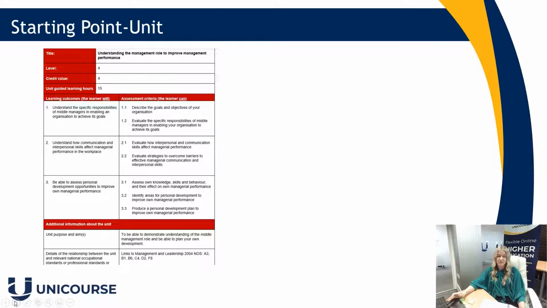The second section looks at you understanding how communication and interpersonal skills are necessary and important in order to be able to be a good manager and be able to deliver the objectives in order to meet the organisational goals. The next section looks at reflecting on yourself, on completing an assessment in order to be able to develop yourself as a manager. So there's 3 specific sections here.